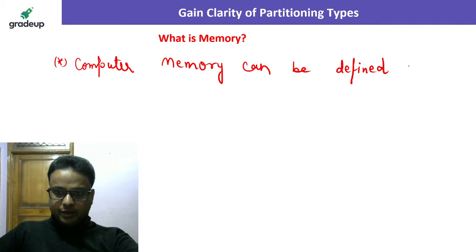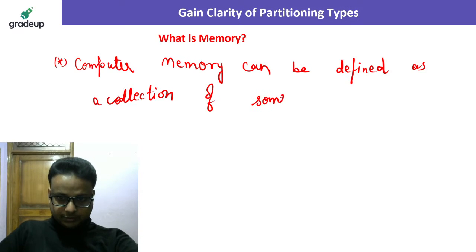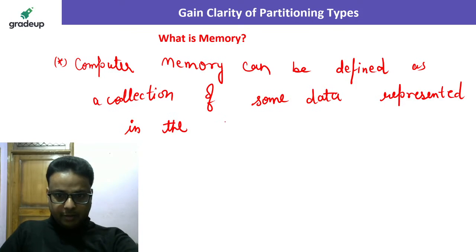Computer memory can be defined as a collection of some data represented in the binary format.